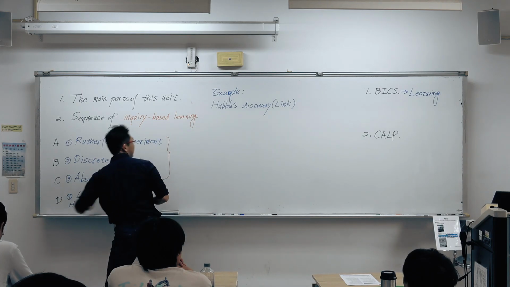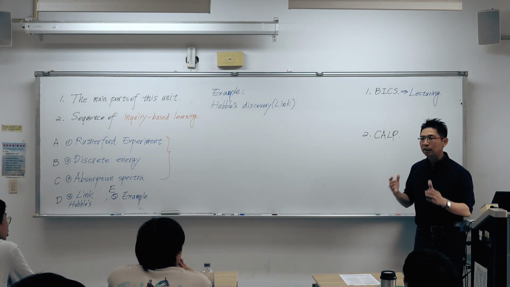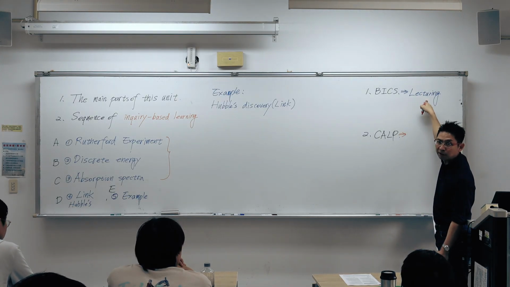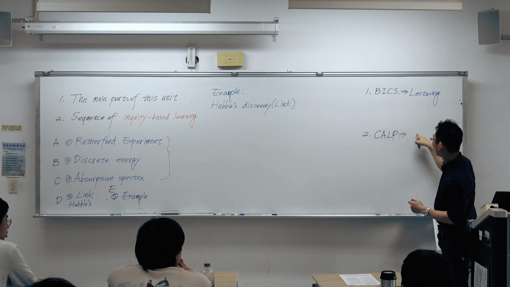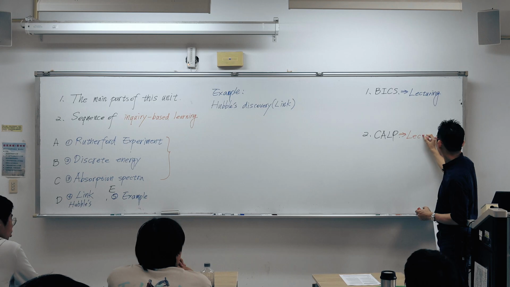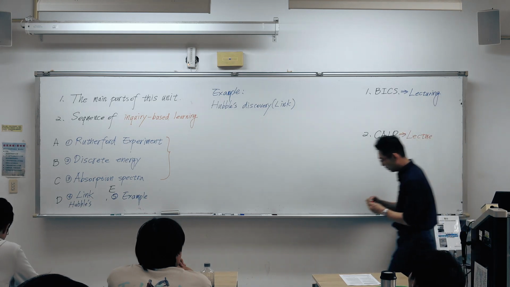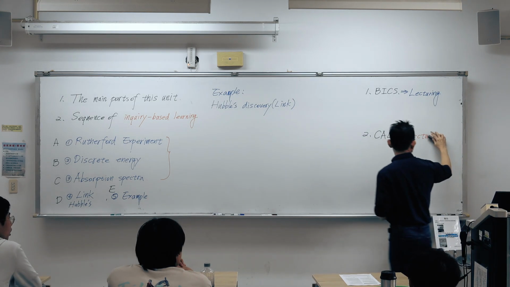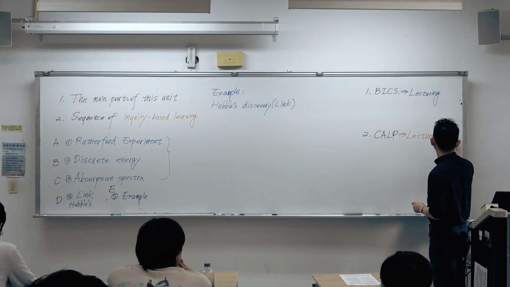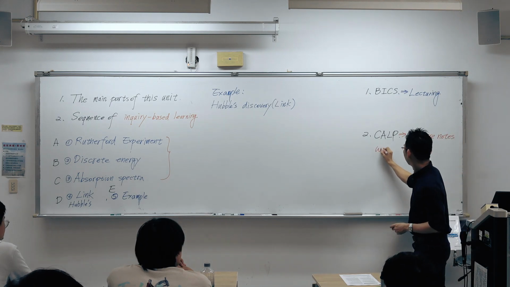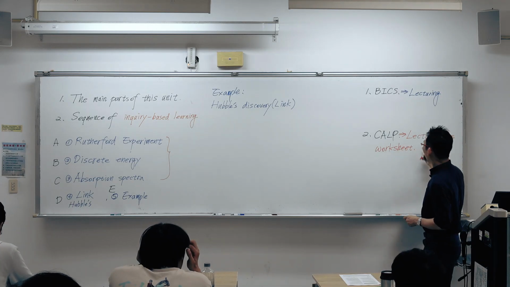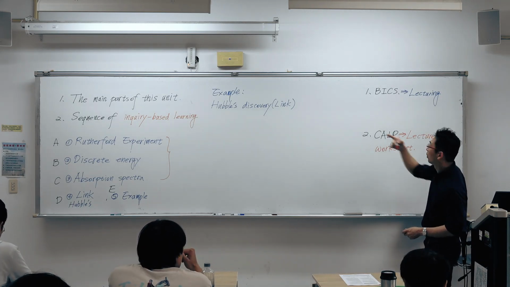So how can we do it? Where should we put our academic language for students, since lecturing is just BICS? For academic language, we always put it in lecture notes, or worksheets, or any kind of literature, or the slides.